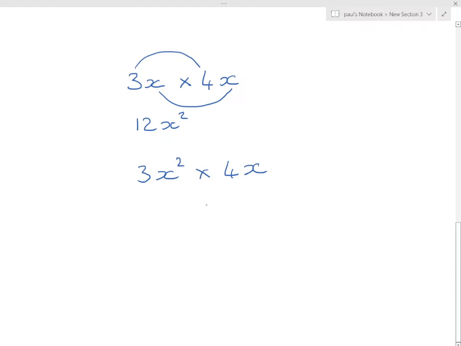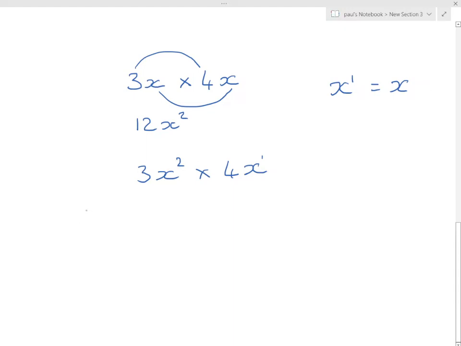Now, when you have an x on its own, you can consider that to be x to the power of 1. Yeah, we've just got one of them. And that is always, it just equals itself. So anything to the power of 1 equals itself. Now here, you can imagine you've got a 1 on there.